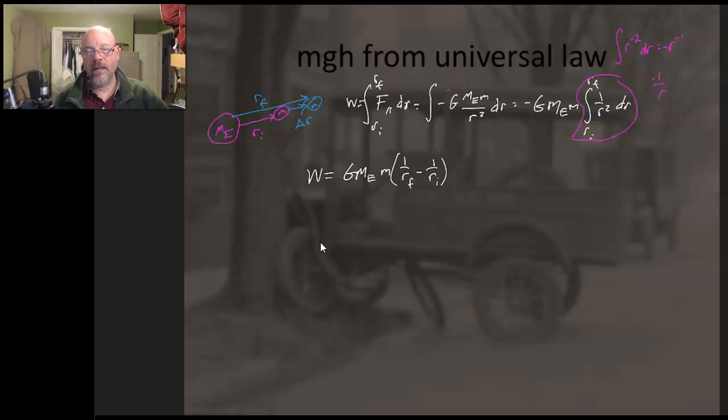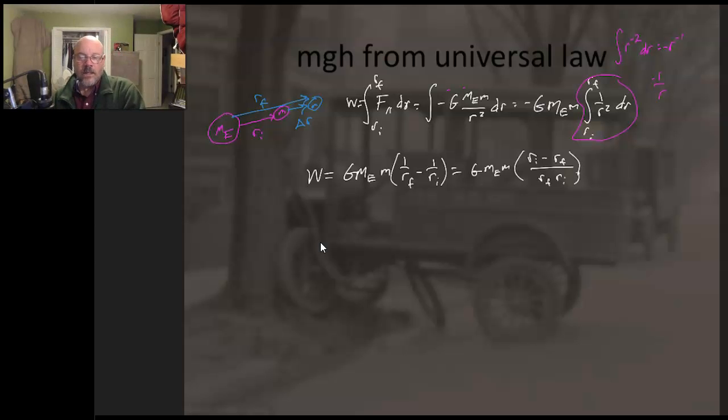But we're going to do something kind of different, which is why I'm going to do this algebra next. So let's retain our G, M_E, M, and combine these terms: R_F times R_I in the denominator, and R_I minus R_F in the numerator.